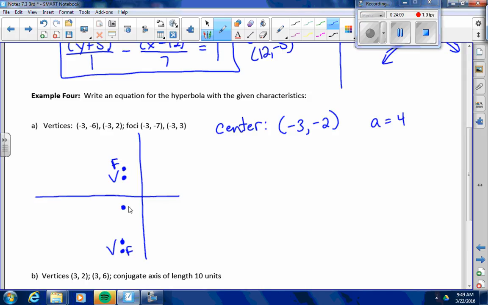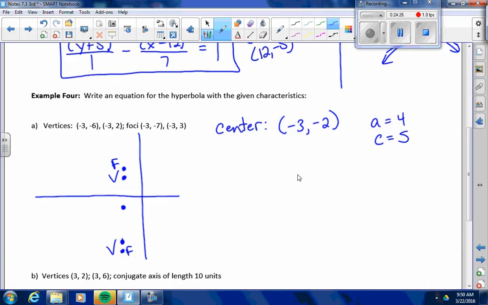Okay. What else do we know? We know C. C is how many units? Center up to the focal point. So center to the vertex was 4, and the focal point is 1 more than that. So C equals 5. So what do we need to solve for?